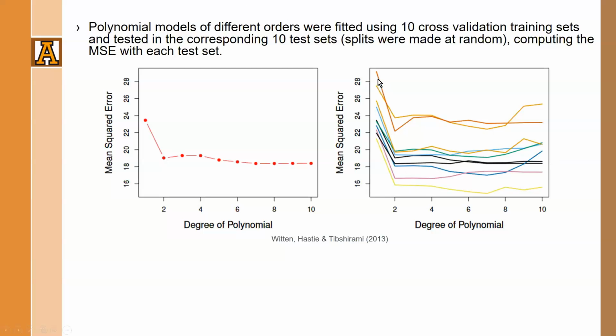We did that for polynomial degree 1, degree 2, degree 3, degree 4, and so on, up to degree 10. You can see there's a lot of variability in the mean square error every time I use a different training set, because when I change the seed, I'm changing the set.